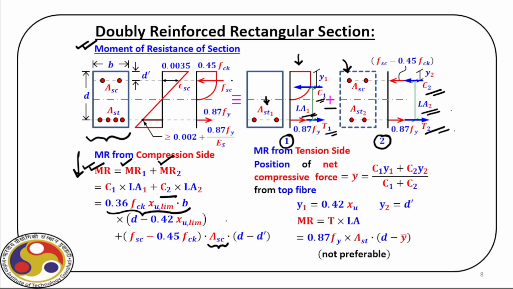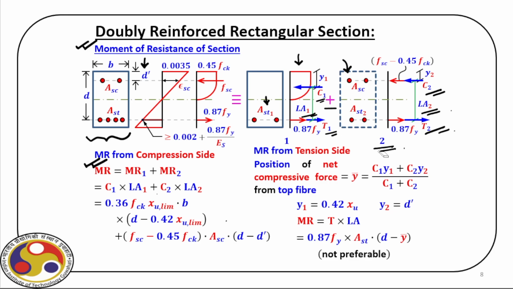D prime is basically here, and D minus D prime is the second lever arm for the two forces in tension and compression in the second section. So if we add them up, we get the total moment of resistance. That is pretty straightforward, and we'll see how to evaluate this for a given section when we take some examples.